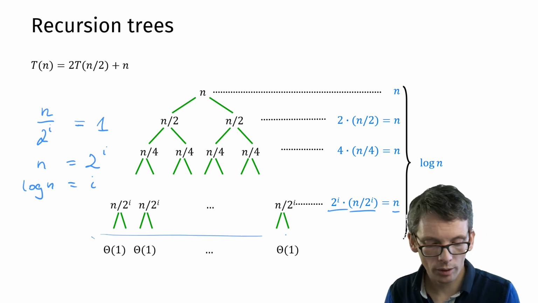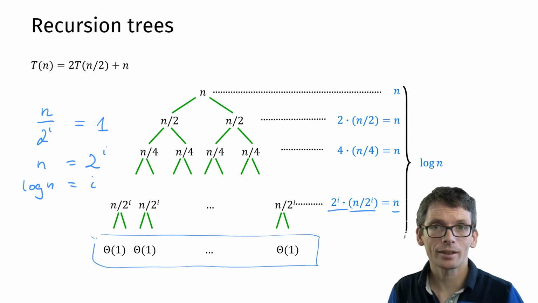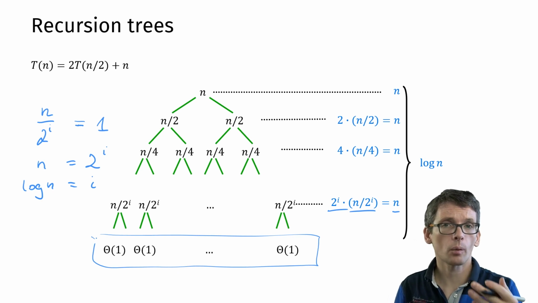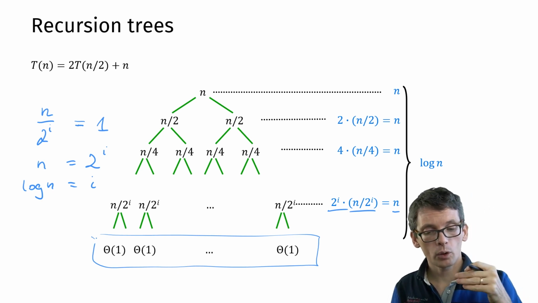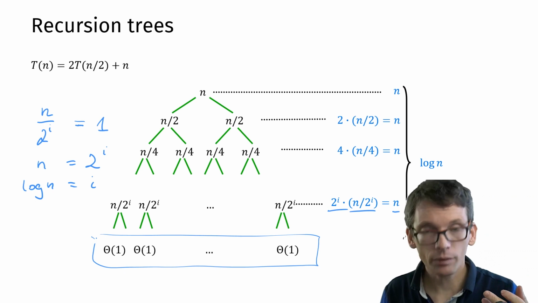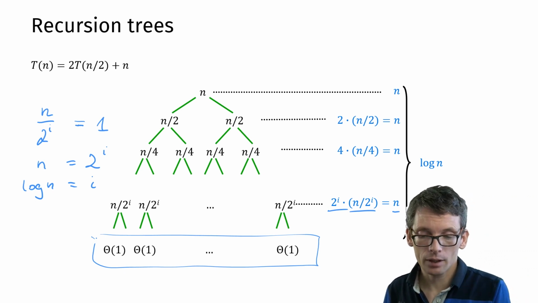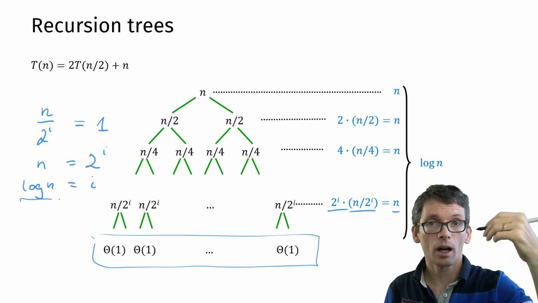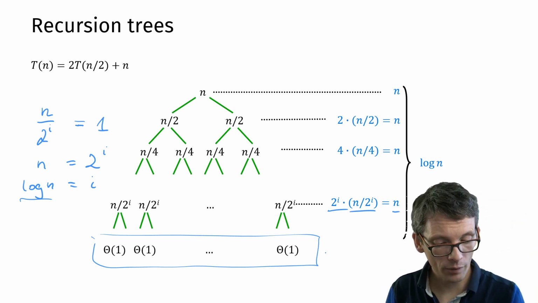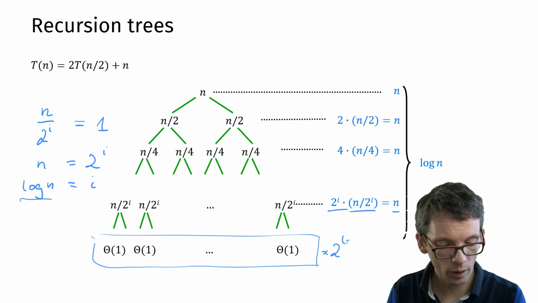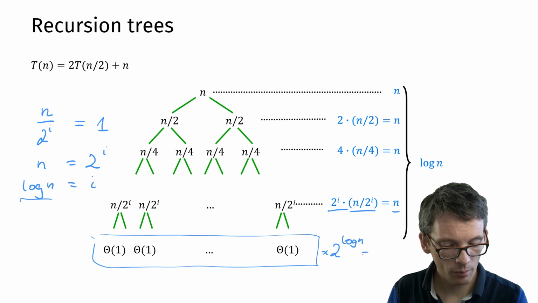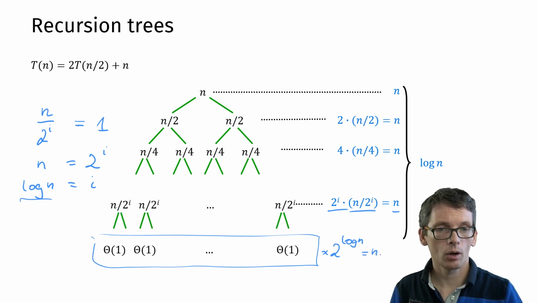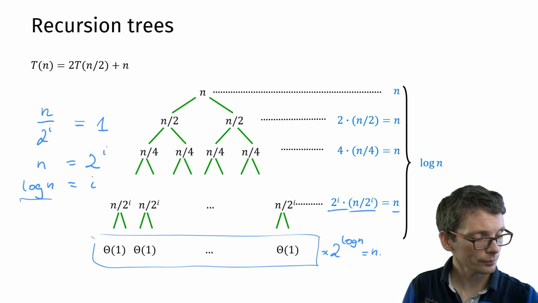Now we should have a separate look at this last level. There we have these theta of 1 terms. We should think about how many of these we have. If this last level is level log n, and every time I went down I doubled the number of elements, the number of elements that I have here is 2 to the log n many, meaning I have n terms on this lowest level.